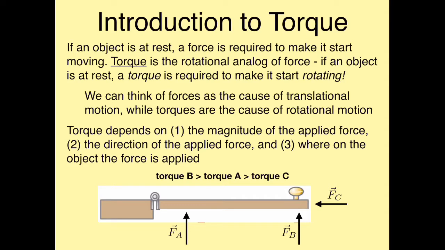And then of course, where are we applying the force? That matters too, because Fb, if we apply the force further away from the hinges, gives you more torque than if we apply this force, Fa. So that's just an example of how these three factors actually matter when it comes to torque.